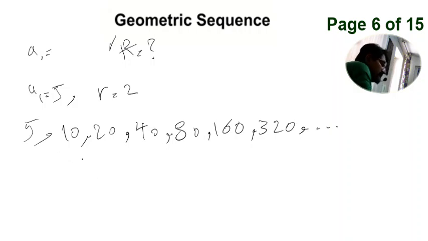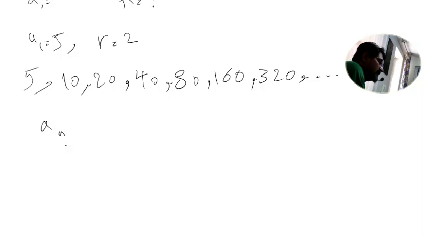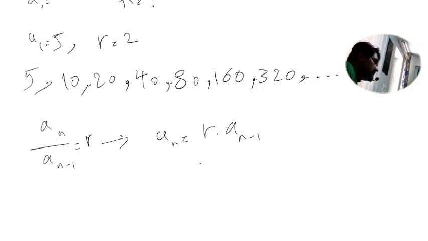Okay, in geometric sequence we have an over an minus 1 is equal to r, the ratio, or an is r multiplied by an minus 1, that is an is a1 multiplied by r power n minus 1.